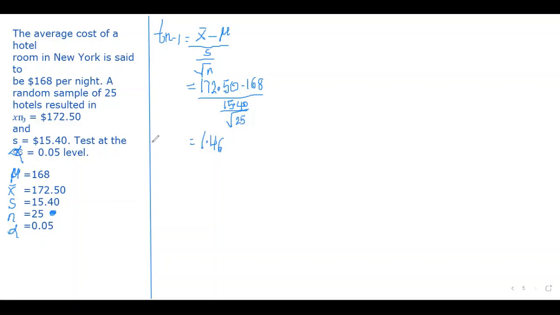So you get 1.46. This one is T computed. We are not using Z computed because we used the T test, so the name will be T computed, not Z computed. This time we will be using the T table, not the Z.